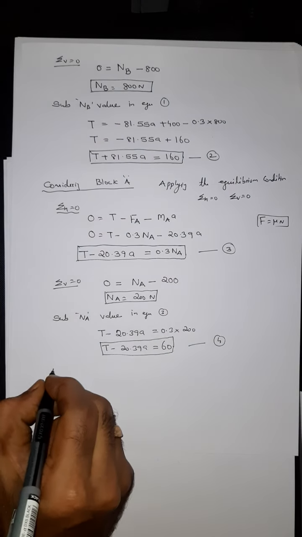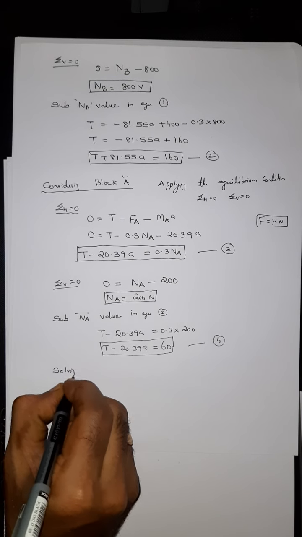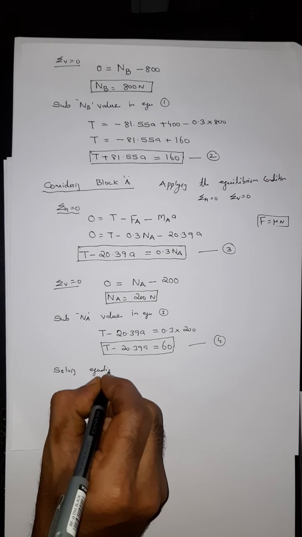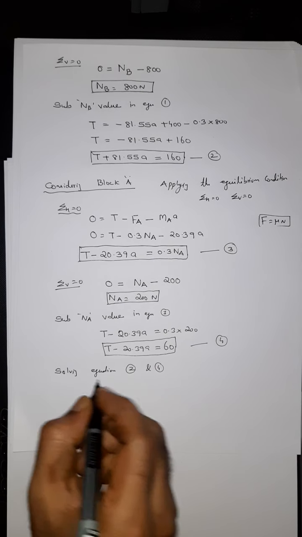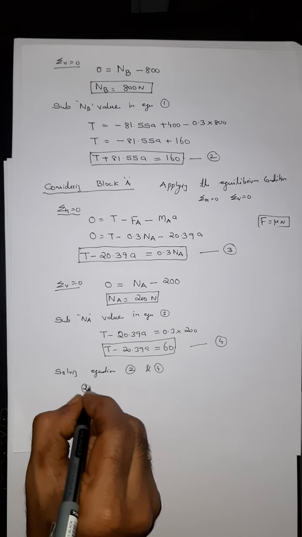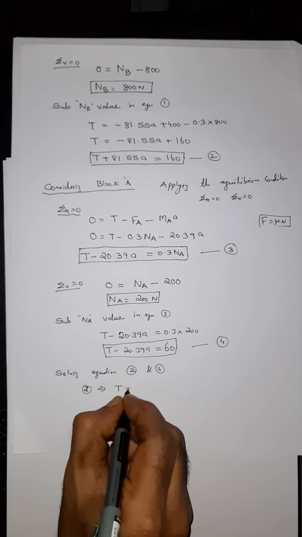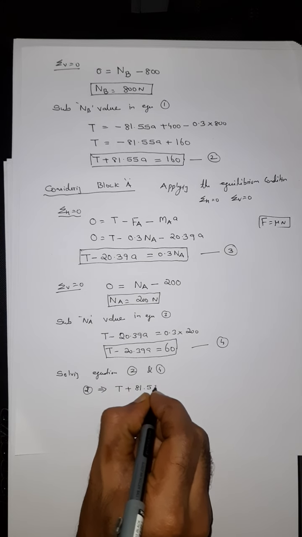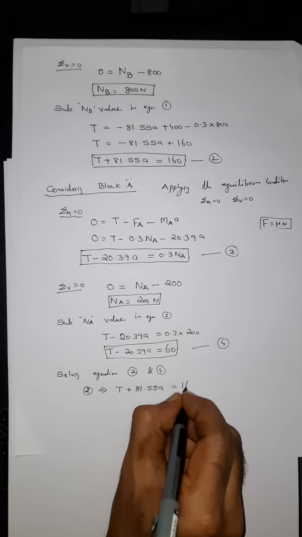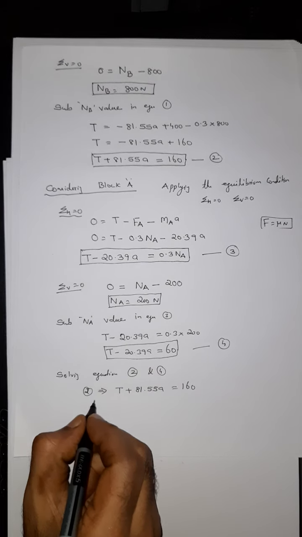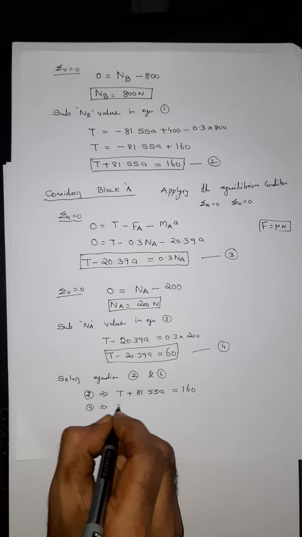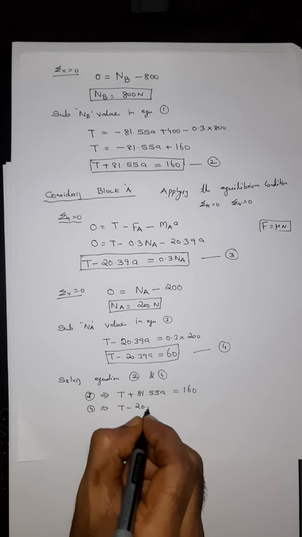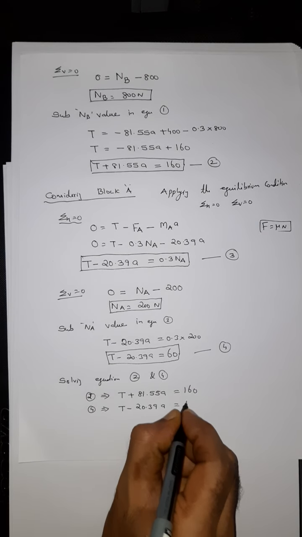I am going to solve equations 2 and 4. Equation 2: T plus 81.55 A equal to 160. Equation number 4: T minus 20.39 A equal to 60.